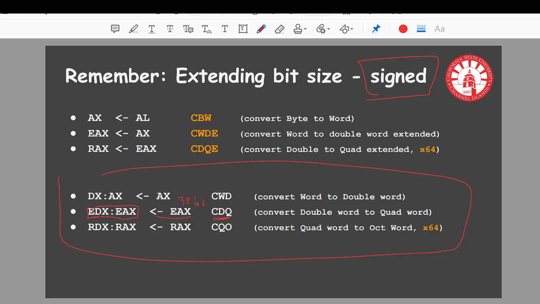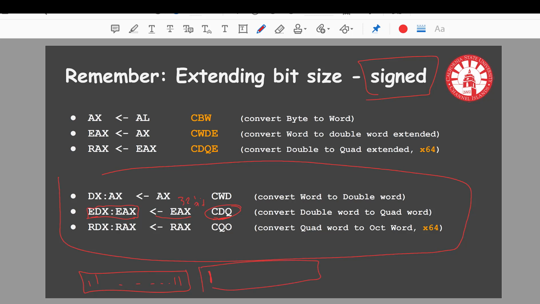So the difference between this one and the previous one is that for a signed number, if your EAX is a negative number, meaning that the most significant bit is 1, when you use CDQ, it's going to store the value of 1 in each bit of the EDX register.